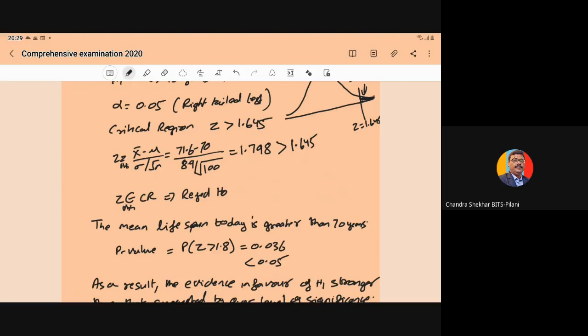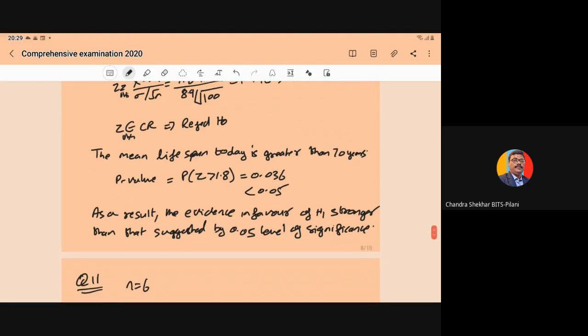So we have the same conclusion from the significance testing as from the testing of hypothesis. As a result, the evidence in favor of H1 is stronger than that suggested by the 0.05 level of significance. So the given sample strongly favors the acceptance of the alternative hypothesis.